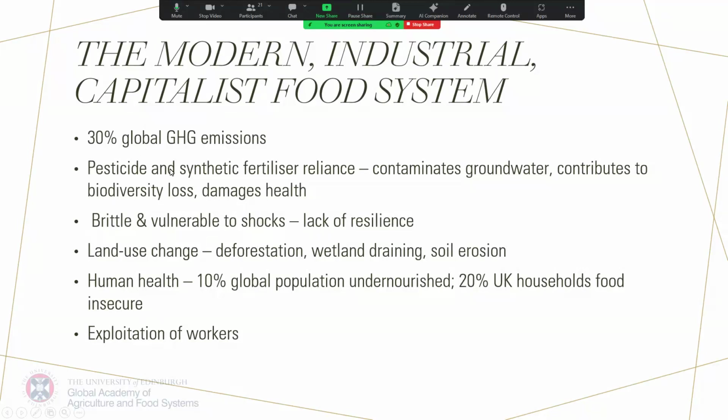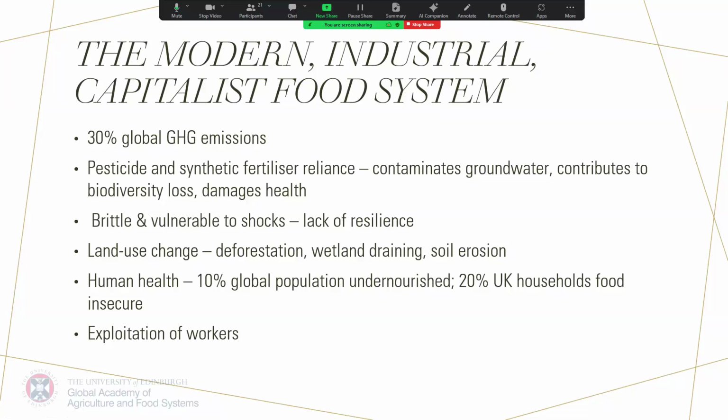So it's responsible for a large number of greenhouse gas emissions. Some people estimate it to be around 30%. It relies on synthetic pesticides and fertilizers, which contaminate groundwater, contribute to biodiversity loss, and cause damage to the health of farm workers and consumers. It has contributed significantly to major land use change, which is harmful for ecosystem health and functioning, and also adds to those greenhouse gas emissions.